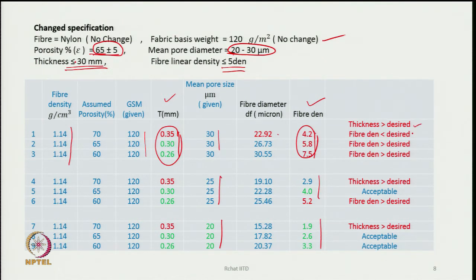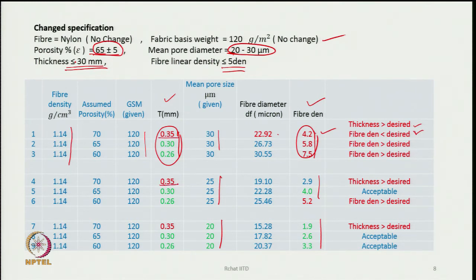Fiber denier is okay, but thickness is greater than desired. Therefore, we have to reject this solution. Why? Because fiber denier is meeting, but the pore diameter is more than 30. So, obviously, this choice is not possible.